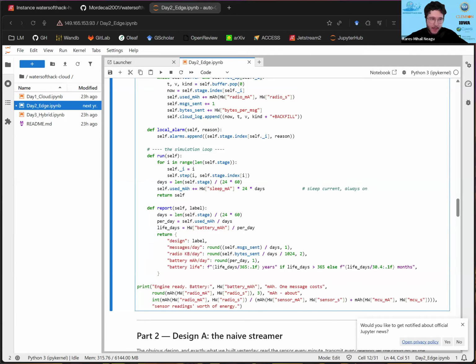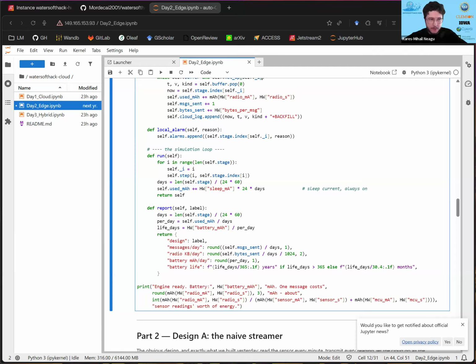The one method each brain must define is the step method, which is very important because it updates the state of the gauge. After the loop, we add the always-on deep sleep drain, because even if we're not doing anything, the gauge still takes battery power. The run usually returns self, so you can chain it with .report later. This is not that important, but either way, let's go into the report function.